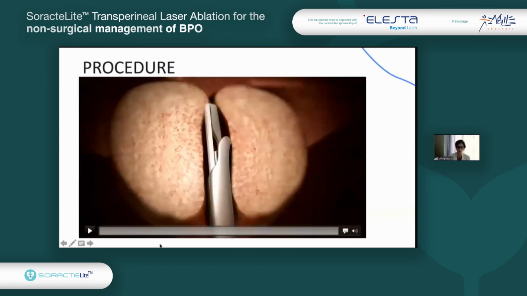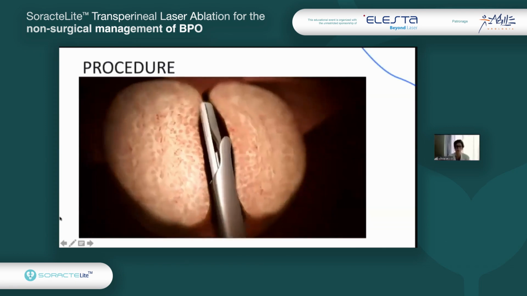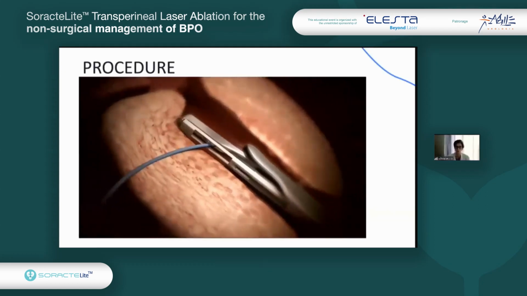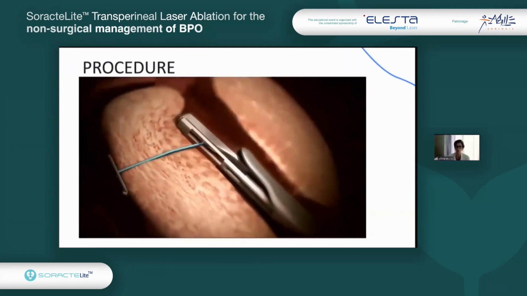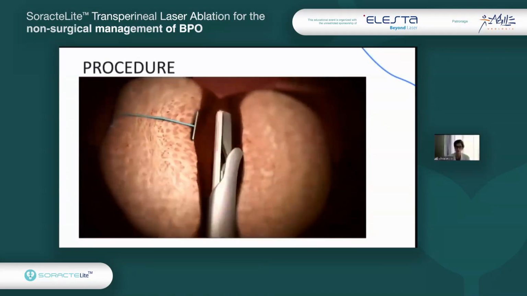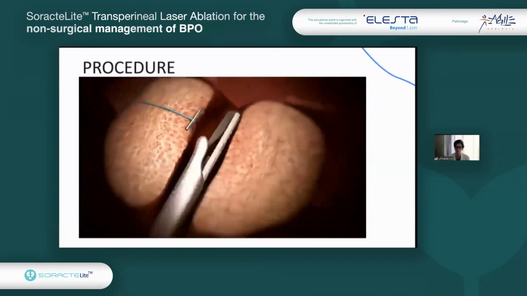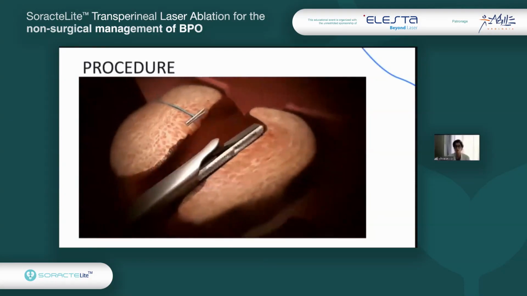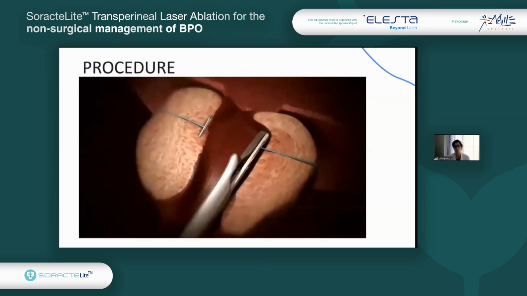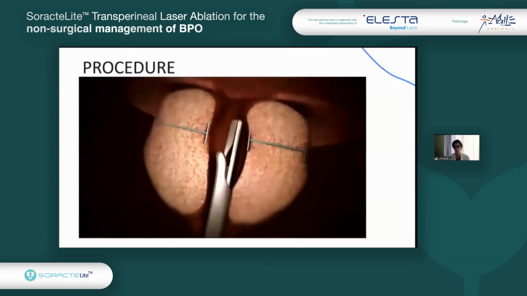This is a rendering of the procedure that can show us what I have told you. So we compress the prostatic lobe, we release the suture, the two tabs are released, the capsular one and the urethral one, and then we perform the same procedure on the other lobe as many times as needed to obtain a good channel.